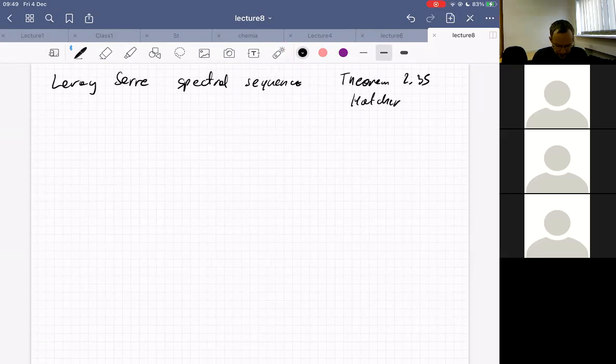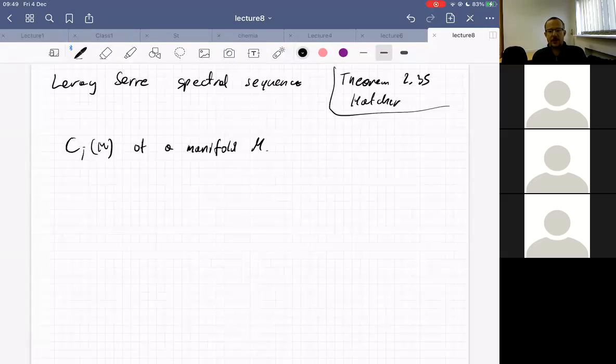So we have the chain complex C_j(M) of a manifold M. Well, actually, it may be a topological space, or a CW complex.